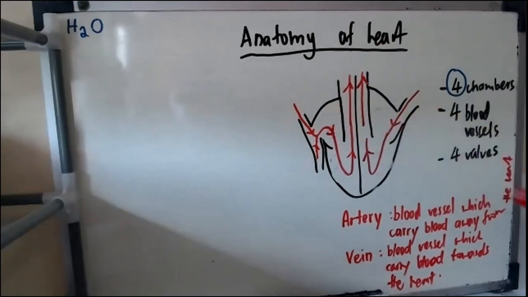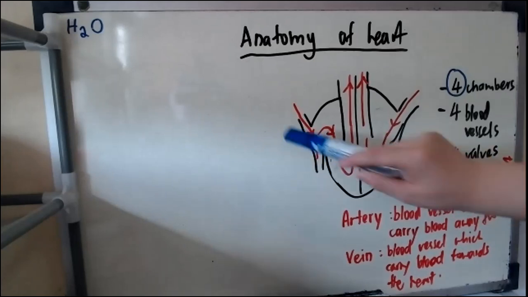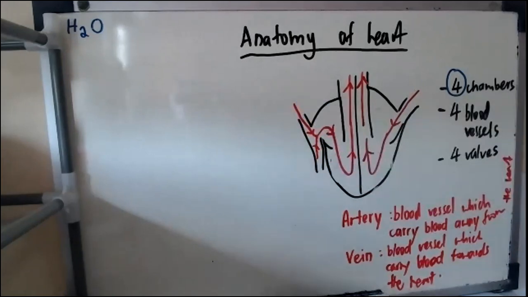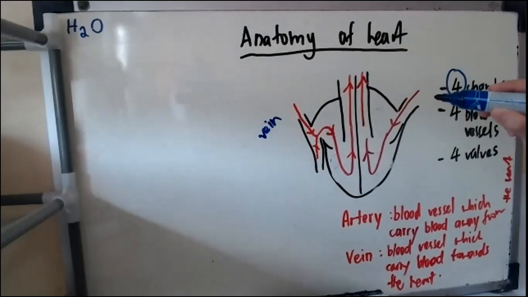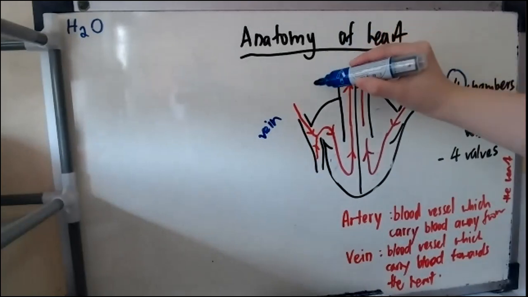So from their direction, can you roughly tell me whether it is artery or vein based on this definition? Yeah, this side. Can you tell me whether it's vein or artery? This one is vein. Very good. Then this one is artery. Very good.